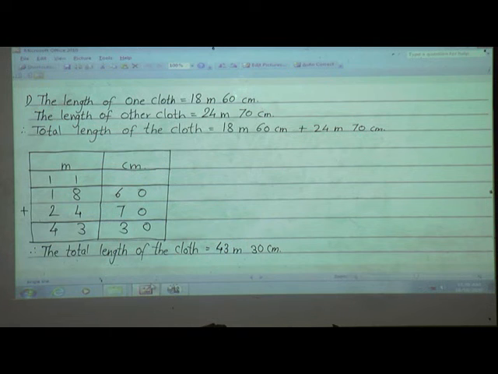The length of one cloth, 18 meter and 60 centimeter, and the length of the other cloth was 24 meter and 70 centimeter, and we have to find out the total length of the cloth. So here we have done the addition. We got the answer 43 meter and 30 centimeter. So the total length of the cloth is 43 meter and 30 centimeter. Understood? Okay.